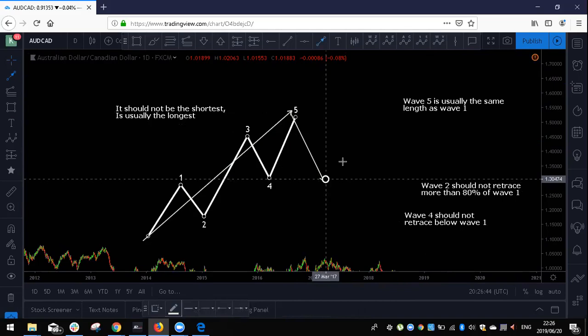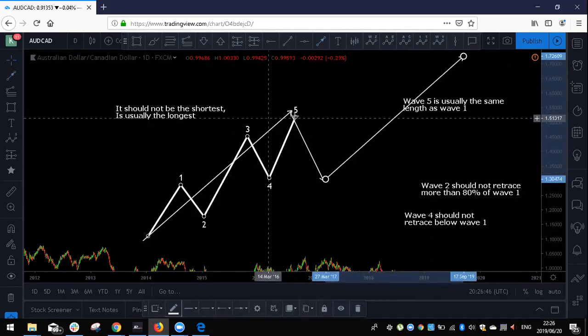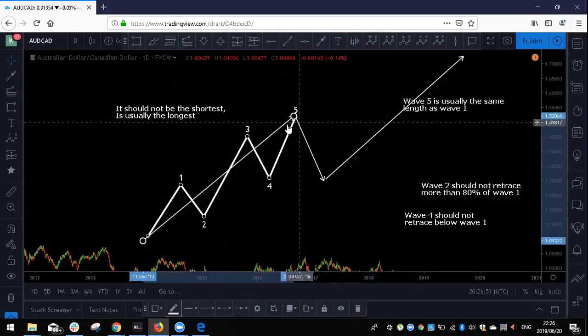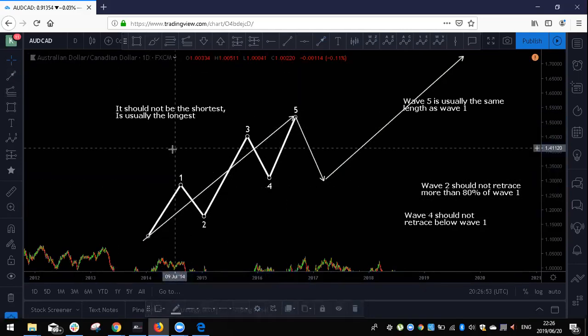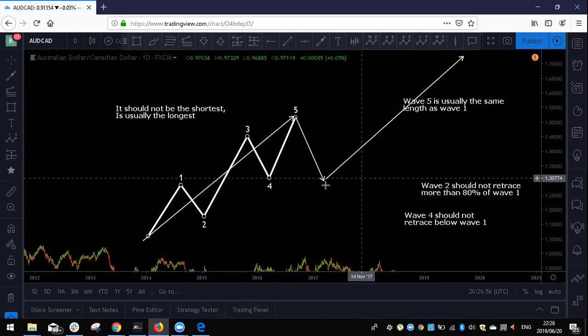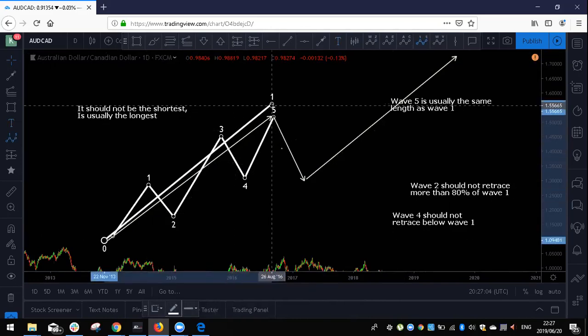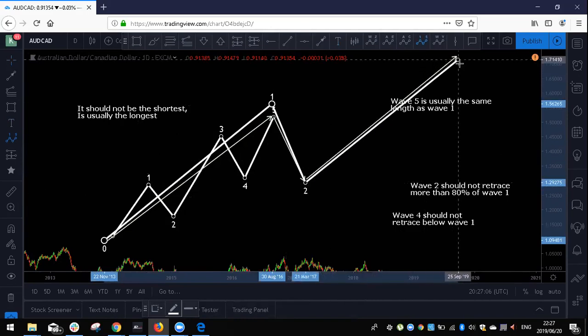Do you understand what I'm trying to say? I'm trying to say wave 1 is composed of 5 waves. Yes, I see that. So on a higher degree, it's going to be like this: 3, 4, 5.